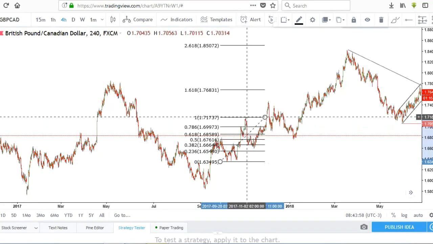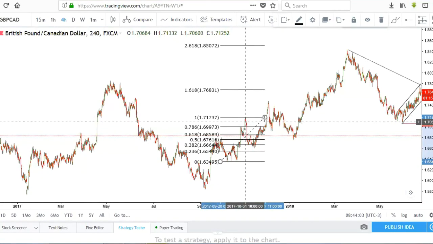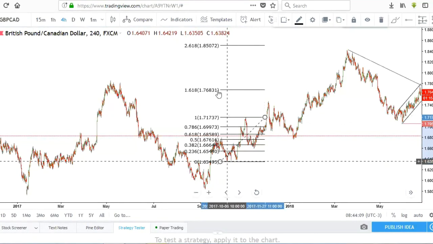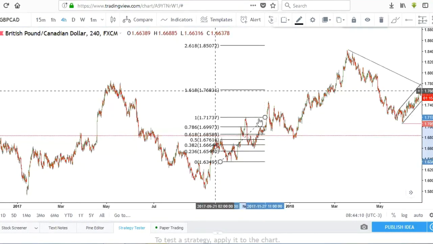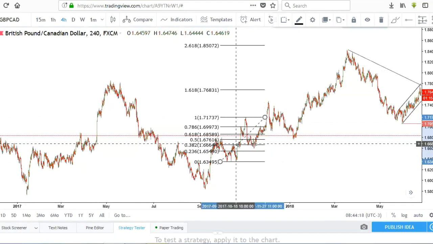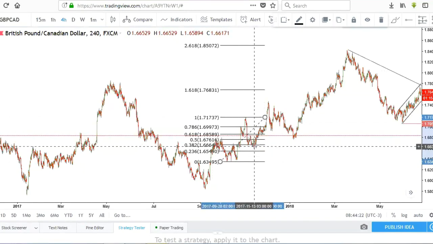But now when we are trying to target our profits, your 100% is at the top, and then your 0% is down here, whereby you get these levels here. Let's see, it got there, it retraced somewhere around here. It was the 61.8 level, I can remember.